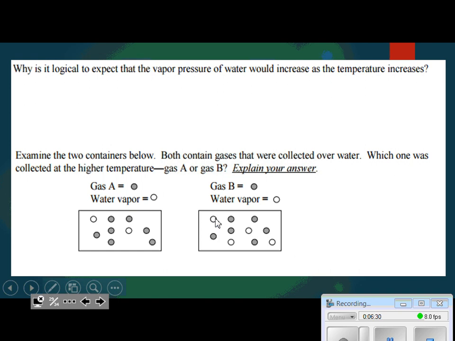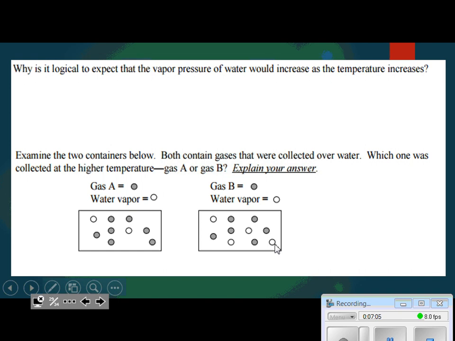Gas B is going to be collected at a higher temperature because if you look at this, I have 1, 2, 3, 4, 5, 6, 7 particles of gas A, and 1, 2, 3, 4, 5, 6 particles of gas B. There's a little bit of difference there, but what I'm really interested in is the water. I only had 2 molecules of water here, but in this container I have 1, 2, 3, 4.